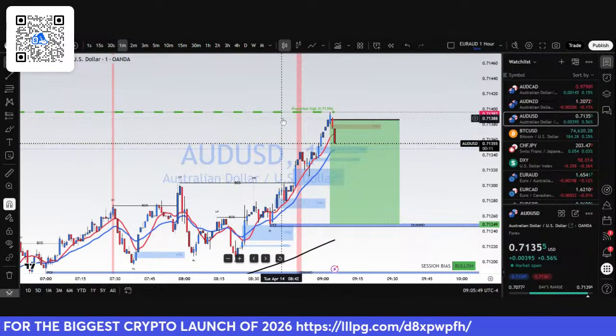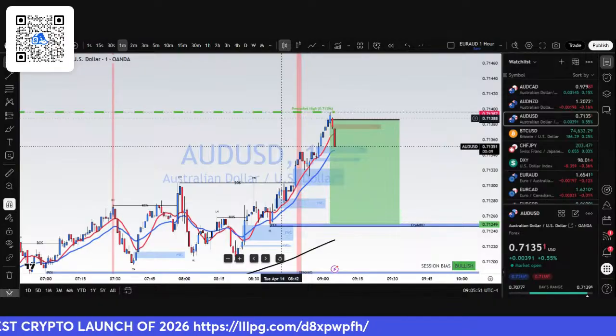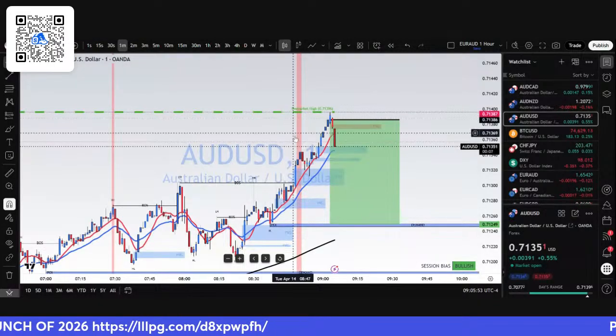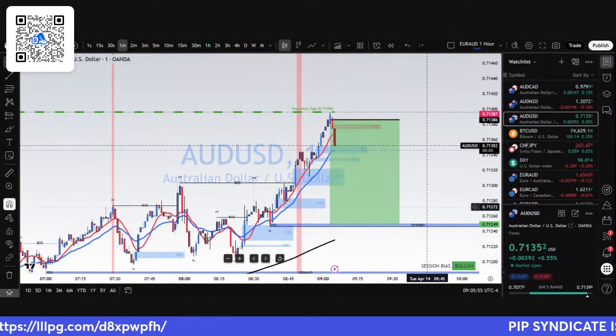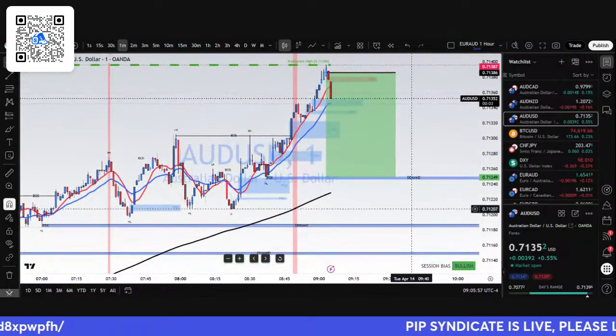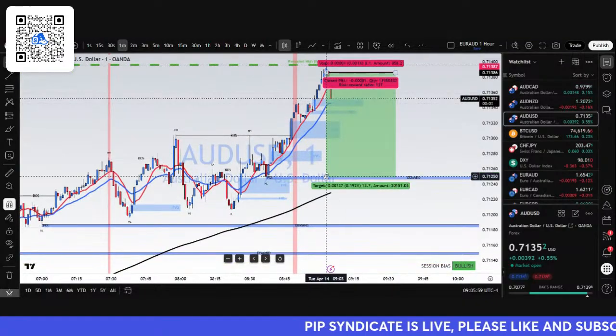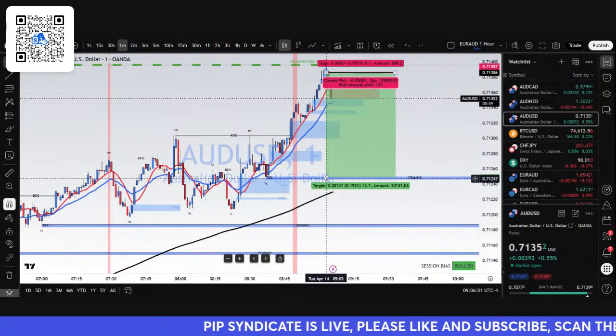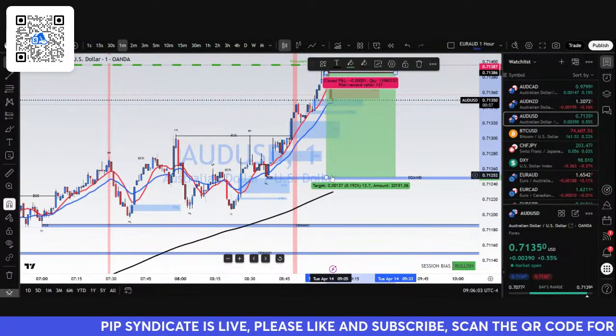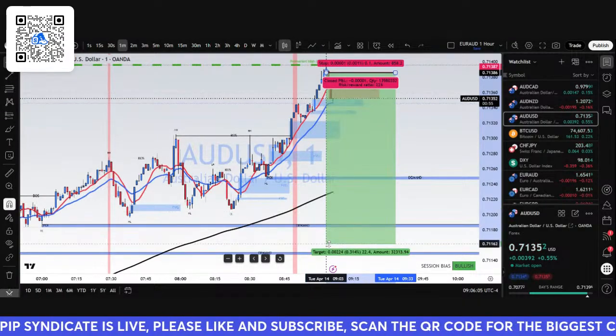Very nice, guys. Let me look at what we were meant to look at. This will be TP1 here, guys. If you're setting this up with me, then you put a stop loss. You know the drill.